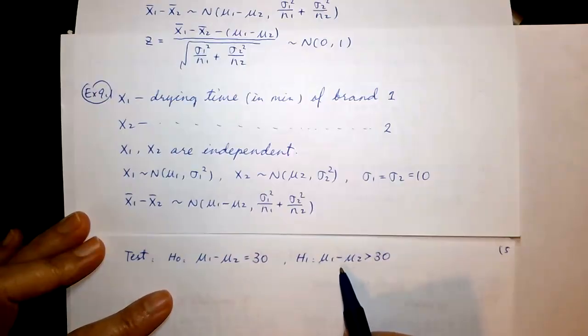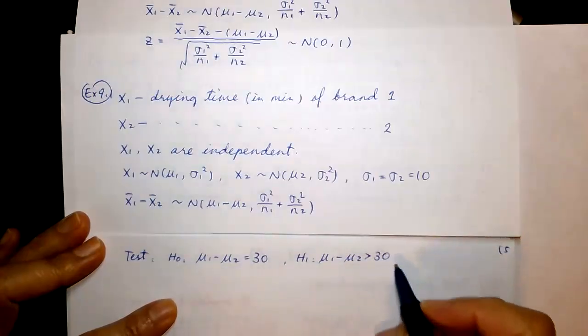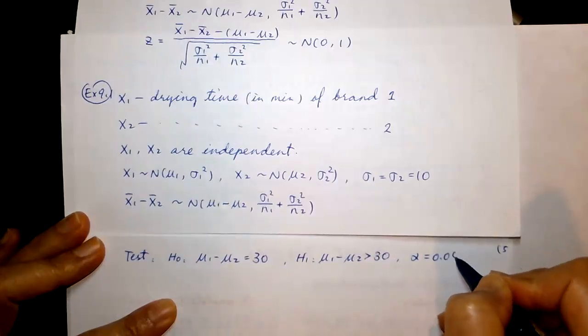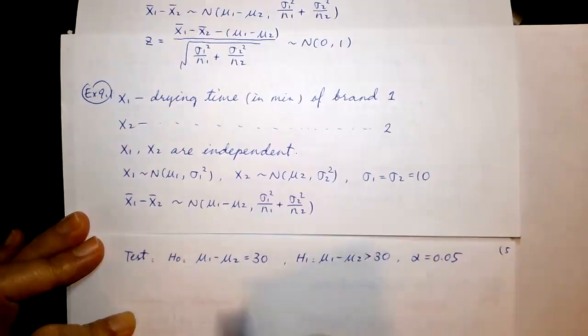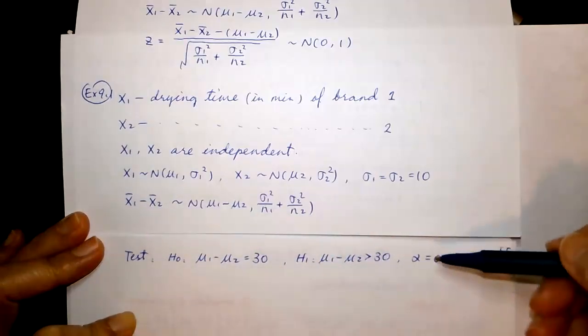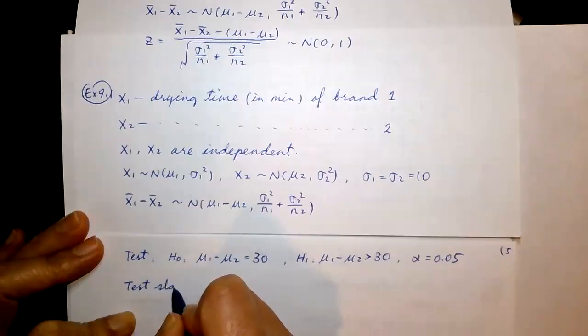Right? This is the question the builder has, whether the time saved in the drying is greater than 30. So this is hypothesis test all done. Okay, this is all the necessary setup.